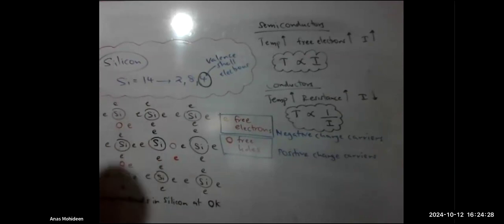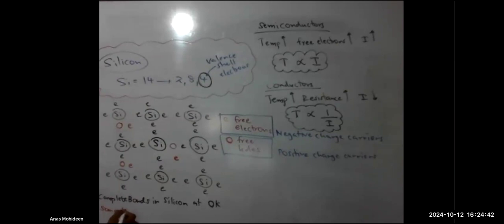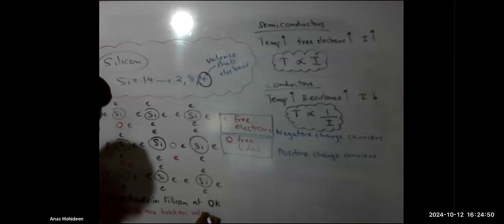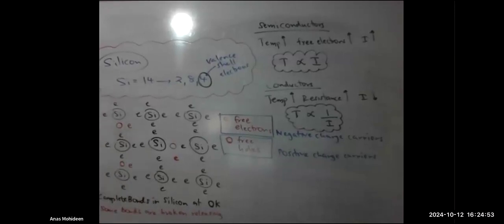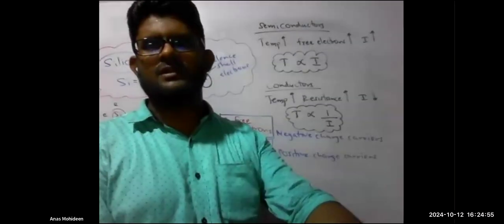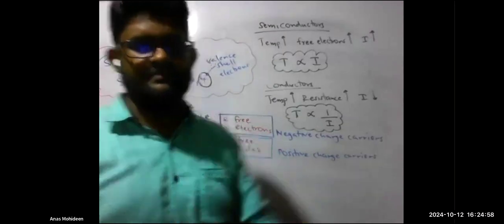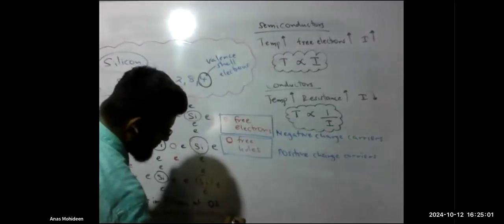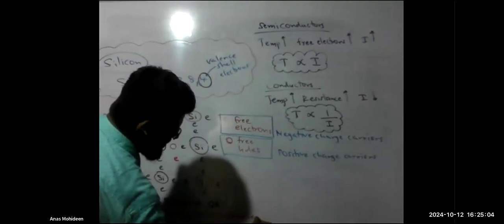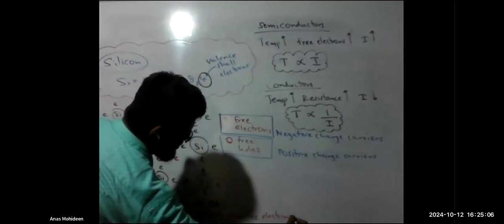But when you come to the next part, which is marked in red color, you can use two different colors. Some of the bonds have been broken, releasing some electrons.